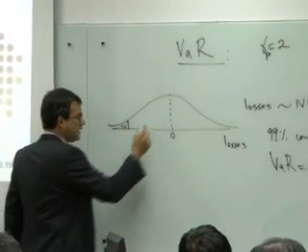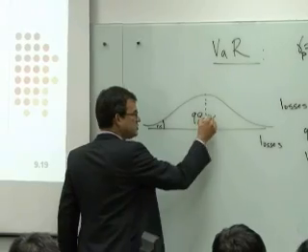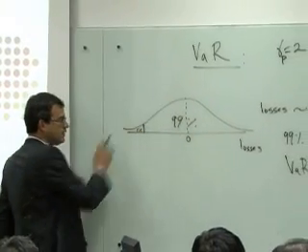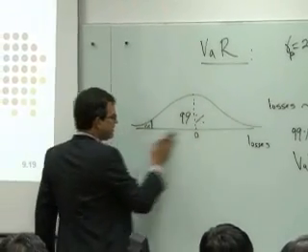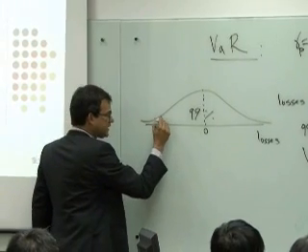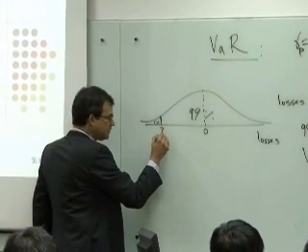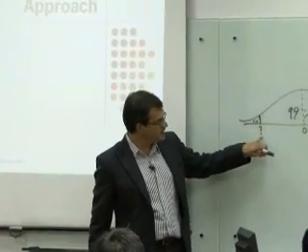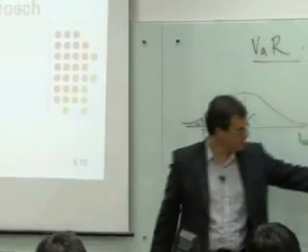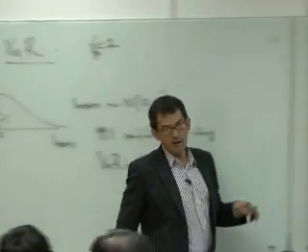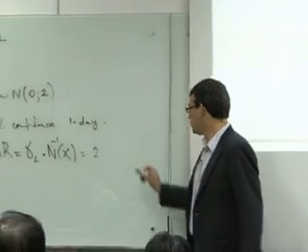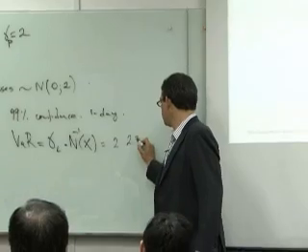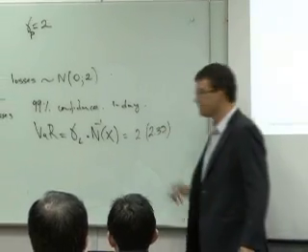1%, and here we are going to have 99%. So these are the losses, these are gains, these are losses. I'd like to know exactly what is this number. Okay? So in this case, this is going to be 2 times how much? 2.33 coming from the standard normal.